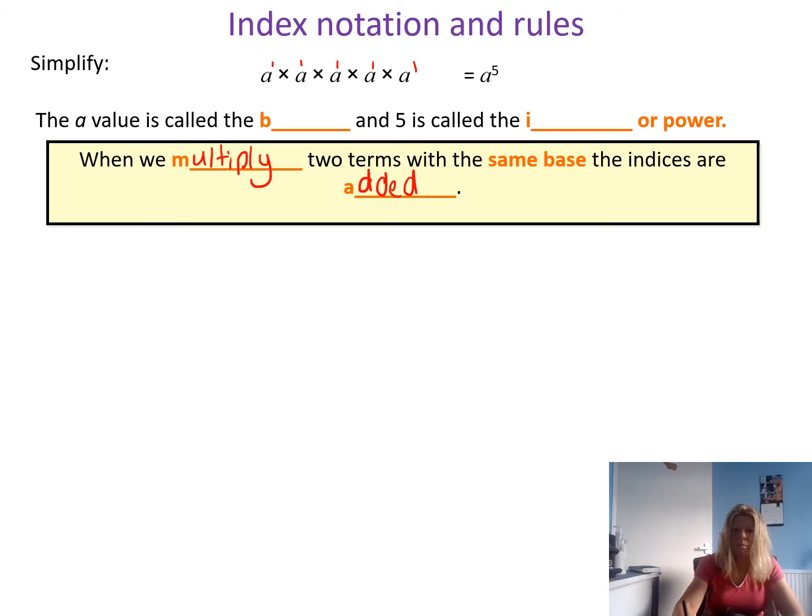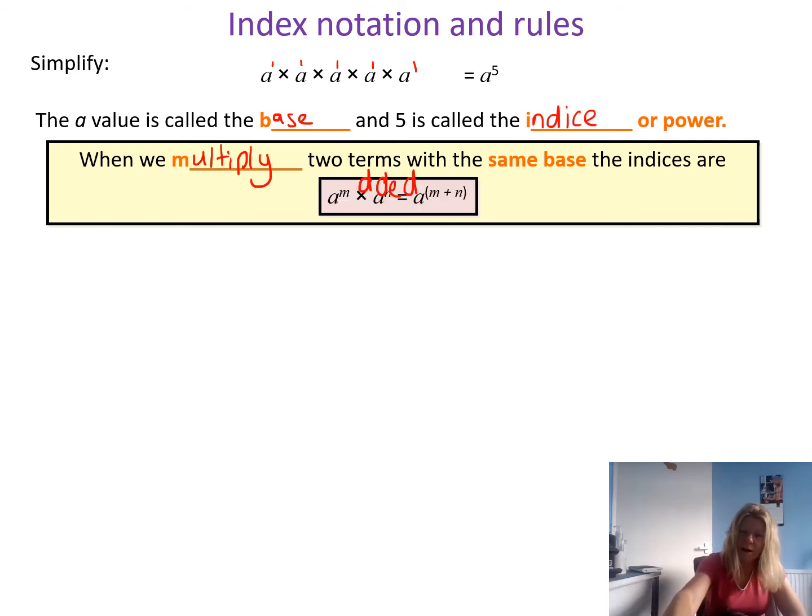A value is called the base, and 5 here is called the indice or power. So there's our little rule for this.